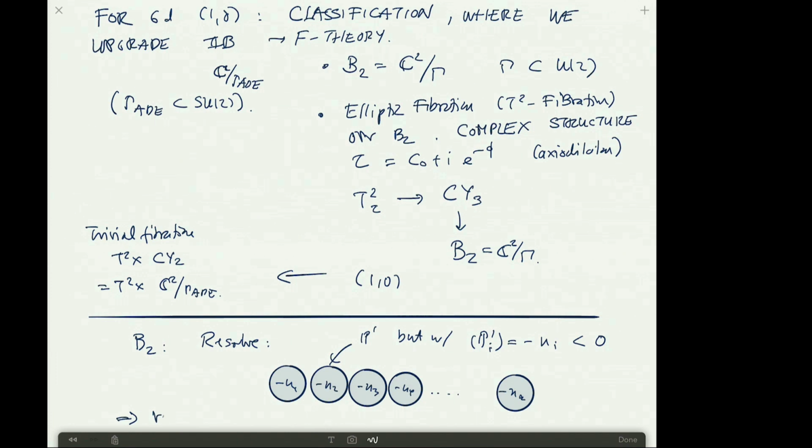So as you take the volume of these P1s to 0, and the intersection matrix, the P1_i dot P1_j matrix, is negative definite, and we have an elliptic fibration, then this is actually a 6D SCFT with (1,0) supersymmetry. Okay, so one simple example is one that you might know. It's the E string, which is the minimal object that you could write down, where you have a -1 self-intersection curve.